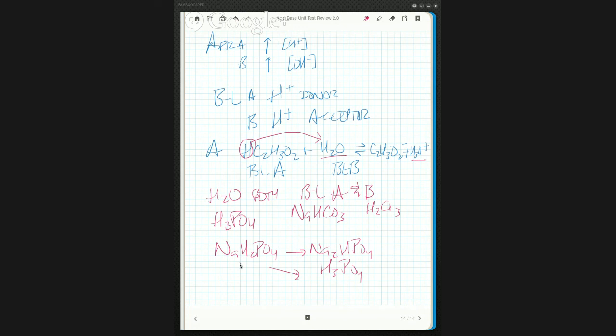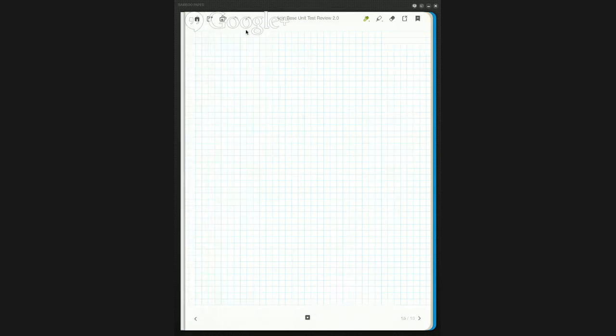Now, what's it called when that happens? We call these amphiprotic. Amphiprotic is the same as being a Bronsted-Lowry acid and a Bronsted-Lowry base. And the final definition I want to mention is amphoteric, which just means behaves as acid or base.